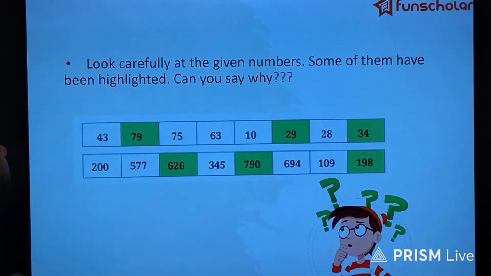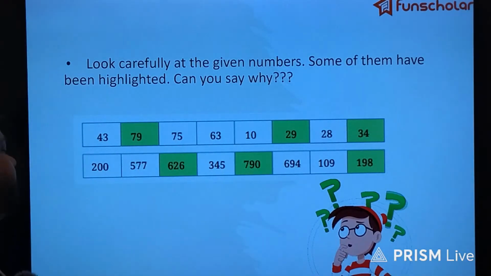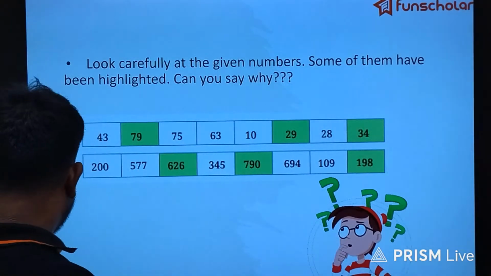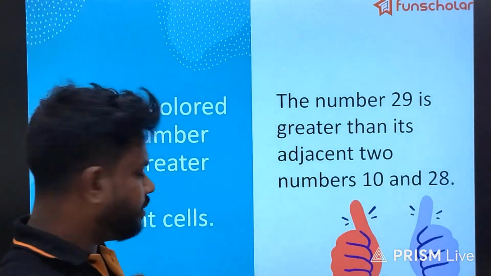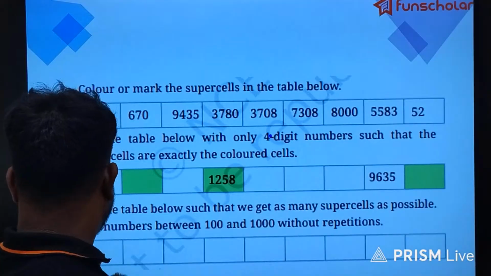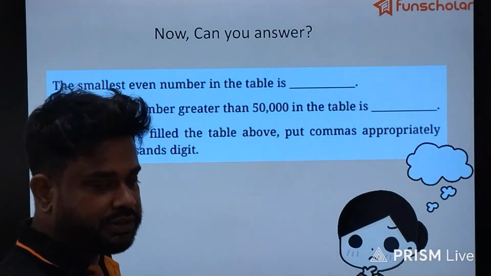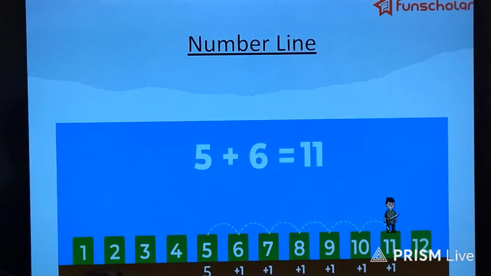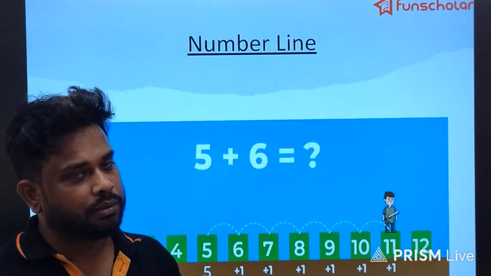Then we learned a little bit of pattern of some numbers. Then we learned about greater and smaller numbers, then some pattern related questions, and then the number line. Yes, I have shown you the video of the number line.